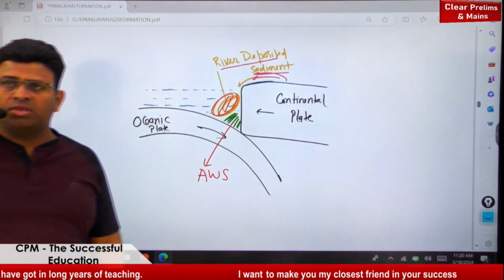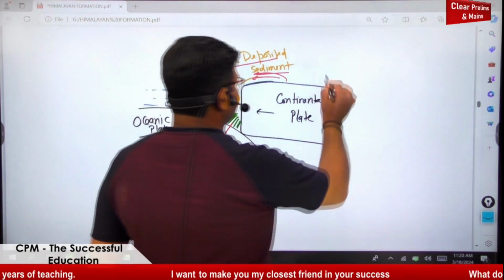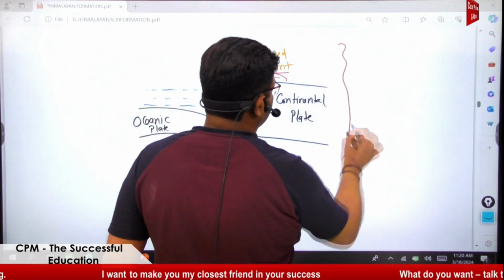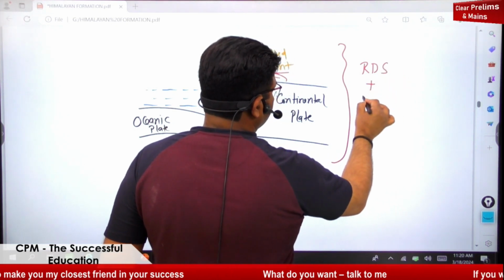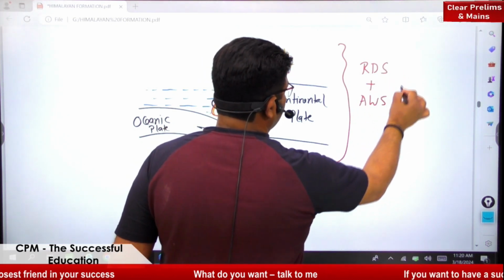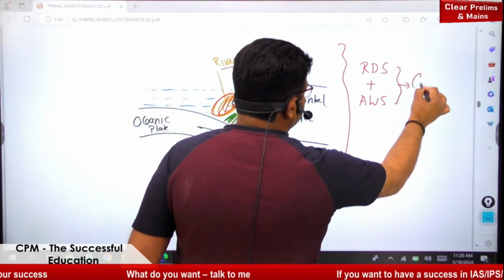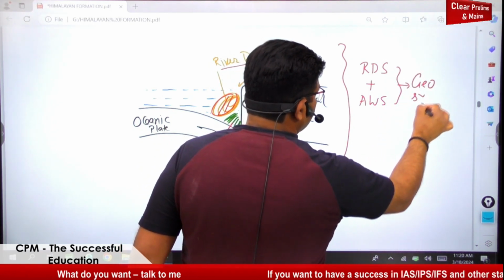And these two sediments, river deposited sediment plus accretionary wedge sediment, are known as geosyncline.